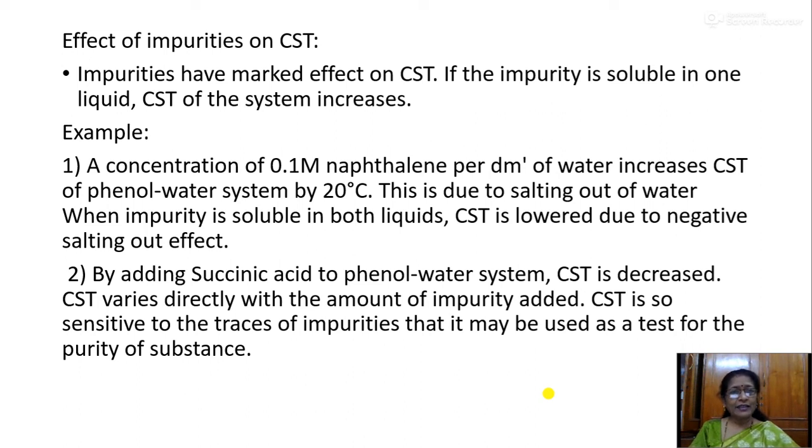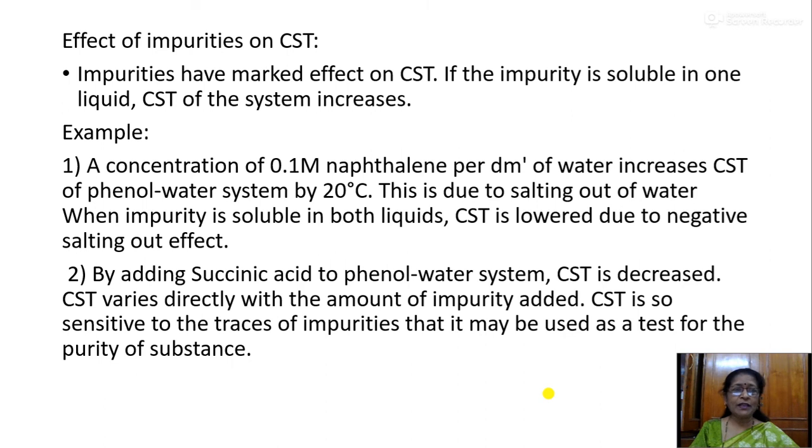That is, the critical solution temperature of the system increases when you add some impurity to the partially miscible liquid. If the added impurity is soluble in even any one of the liquids, for example if you consider phenol and water, when you add sodium chloride, which is easily soluble in water, naturally the CST will increase.